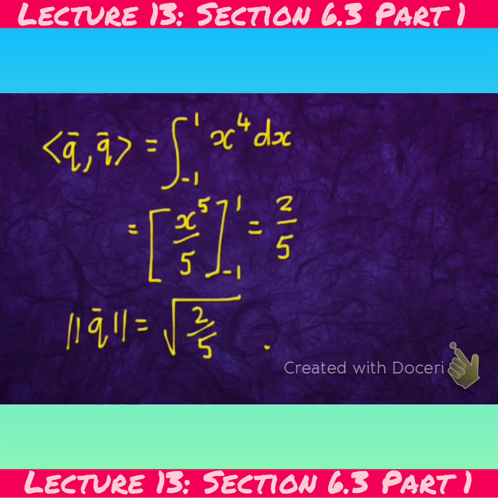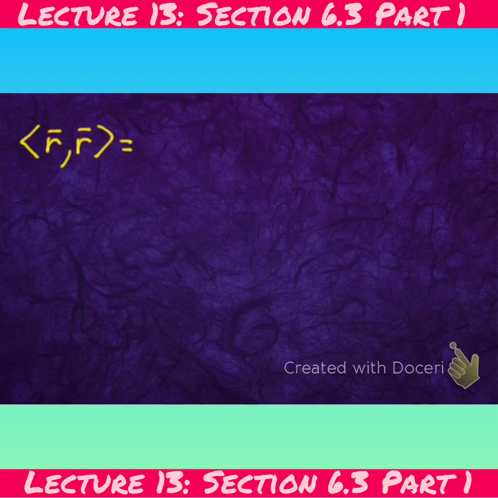Right, the last one is we need to work out the inner product of the function r with itself. So the inner product of r with itself is going to be the integral from -1 to 1 of the function r multiplied by the function r. So the function r in this case, recall, is 1 minus 5/3 x squared.